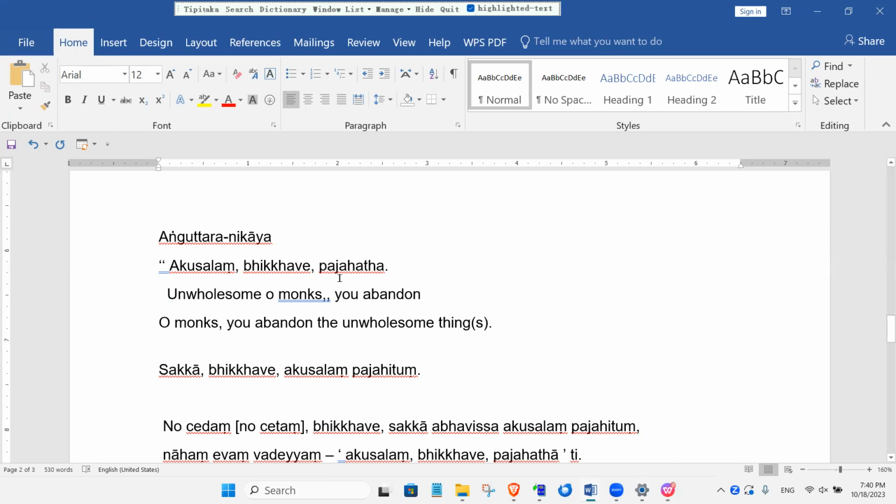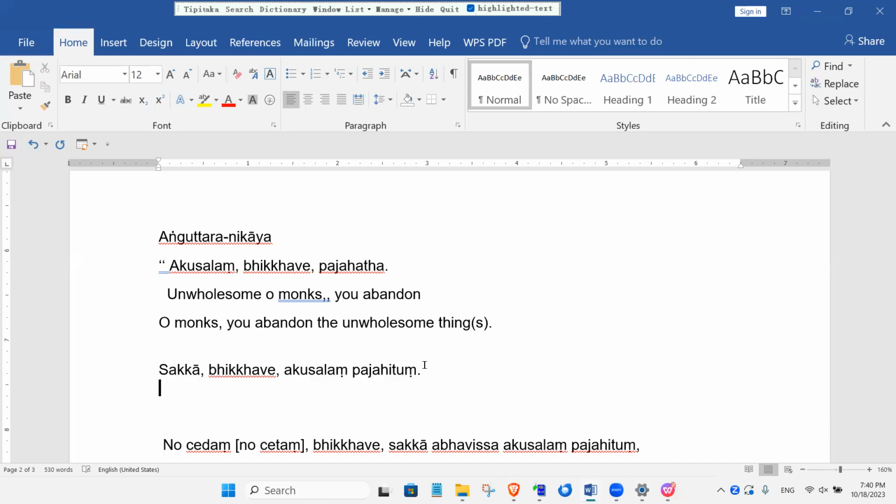O monk, you abandon the unwholesome things. Pajahatha, right? You saw this pajahati in lesson 13. Now, sakka, bhikkhave, akusalam pajahatha. Now pajahatha becomes pajahitum. You notice that the Buddha always repeats.